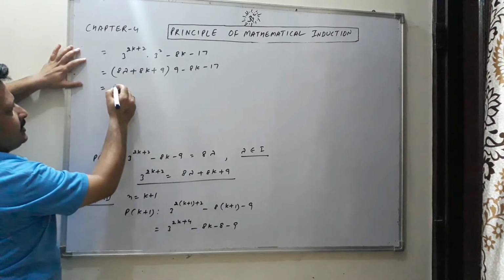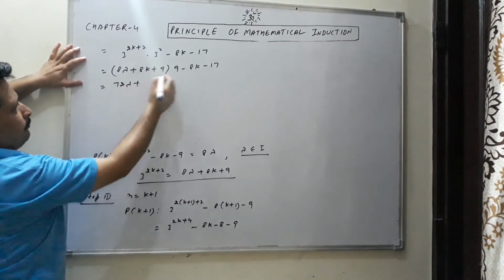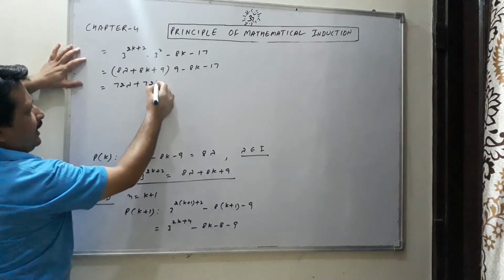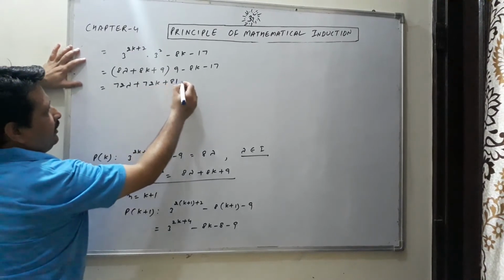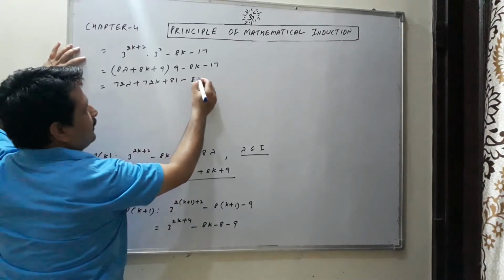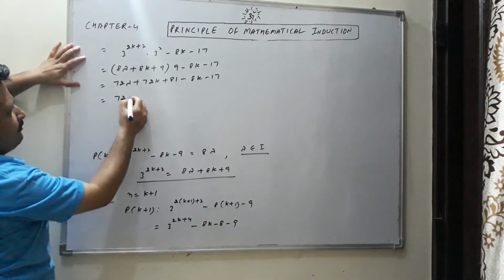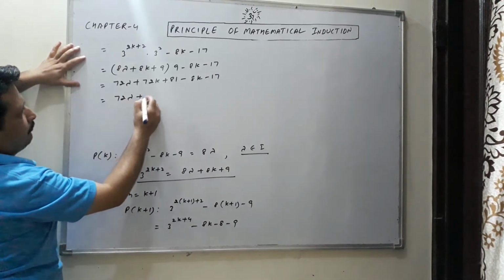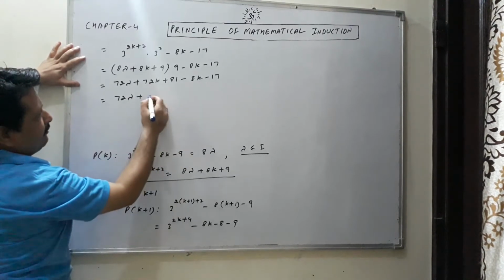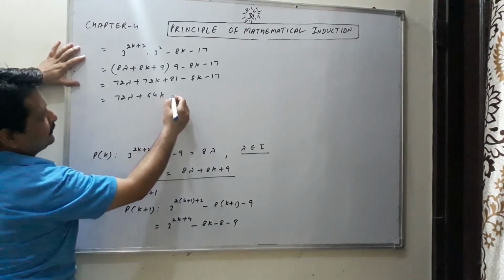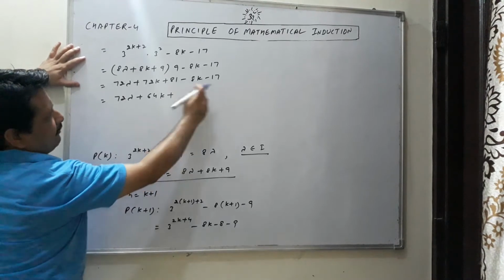Students, it will come as 72 lambda plus 72k plus 81 minus 8k minus 17, or 72 lambda plus 72k minus 8k, that is 64k plus 81 minus 17.